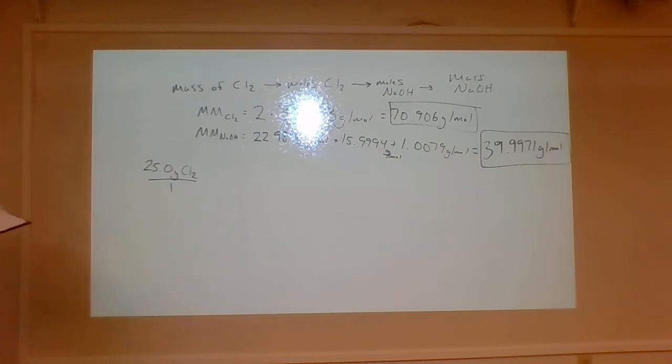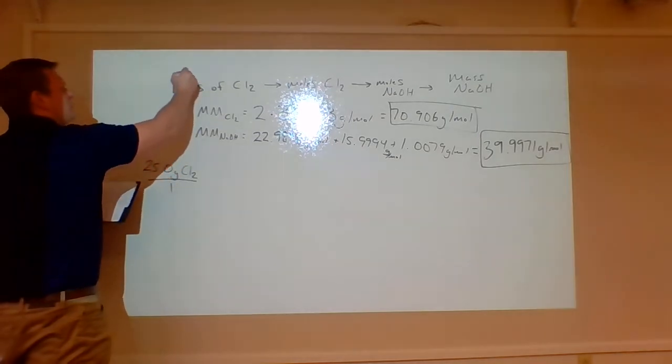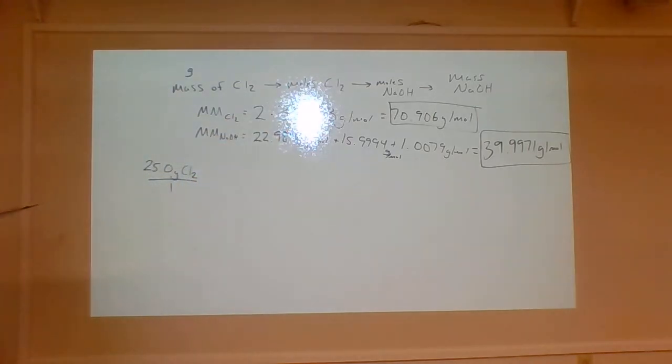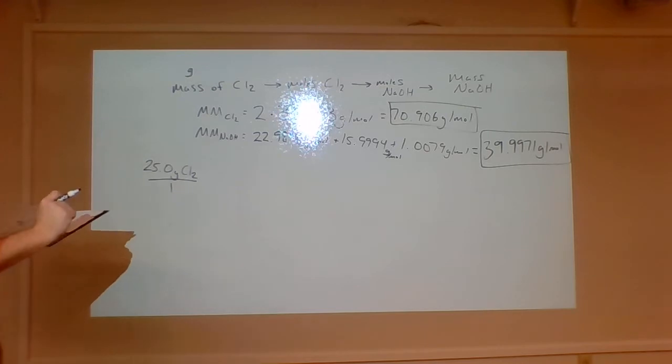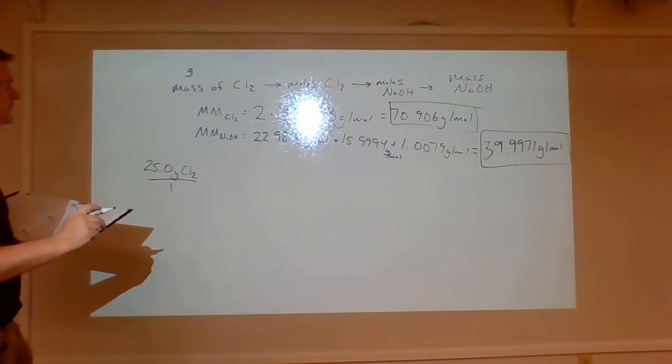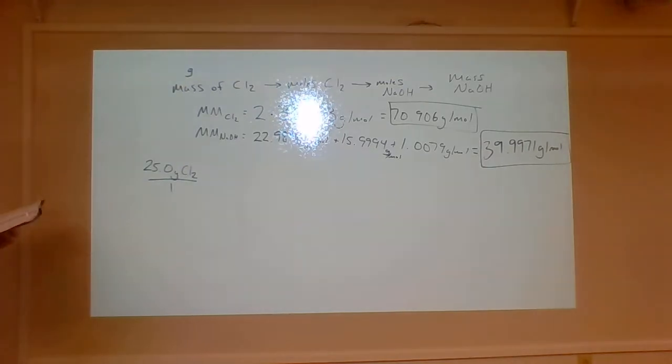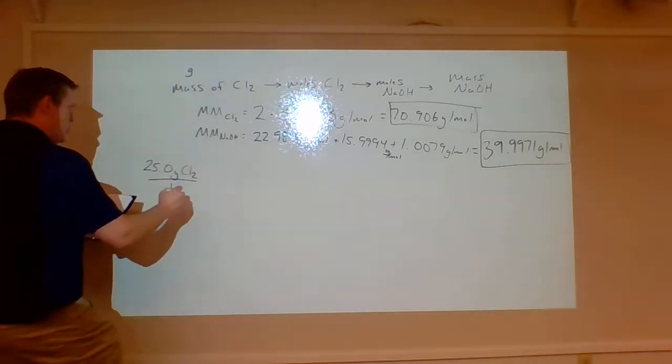So our first step is to go from mass, which is grams of Cl2, into moles of Cl2. To do this, we need to use our conversion factor, which will be the molar mass of Cl2, which we already calculated above. And since this is a conversion factor, it's actually equal to 1, so it's not actually changing the value at all.